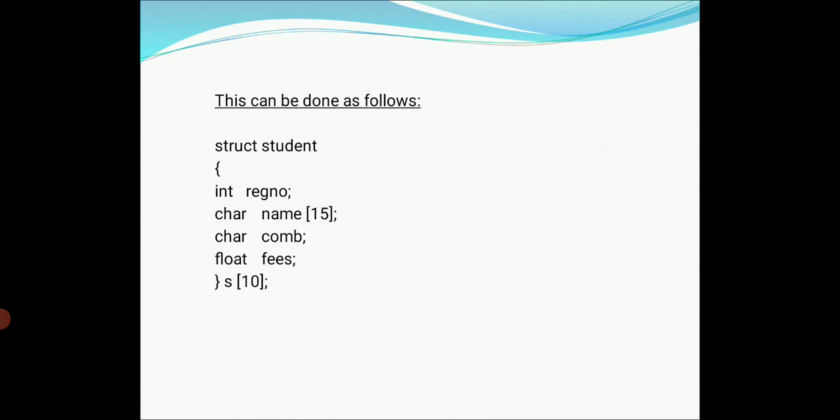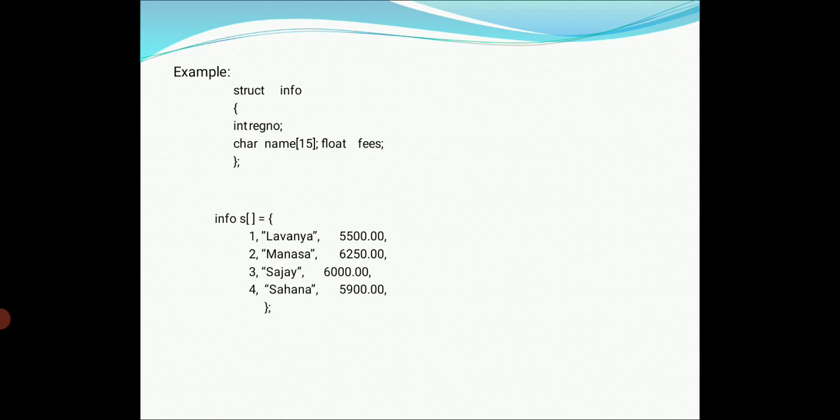Here S of 10 is the array. Same as declaring a structure variable, here we have to declare the array because it is an array of the structure. So in this structure we can enter a maximum of 10 student details, so we have to use the array.